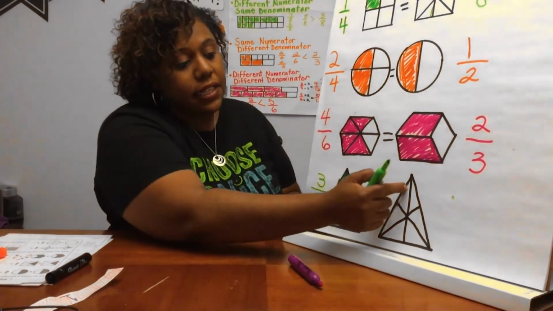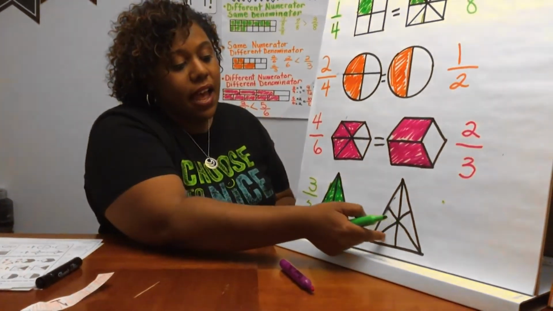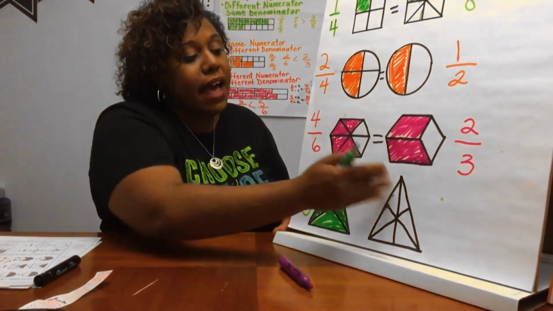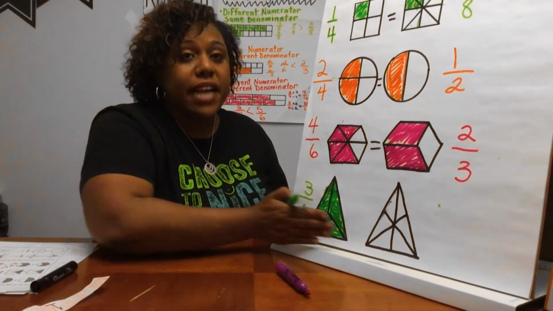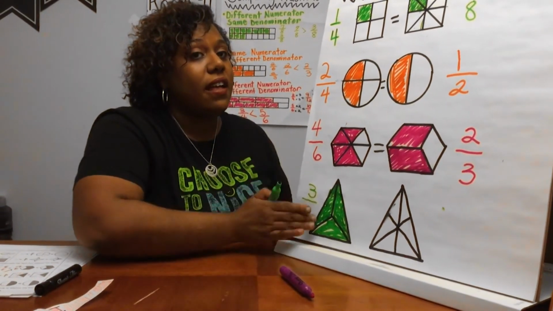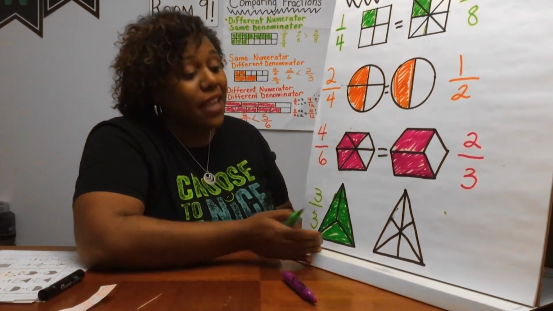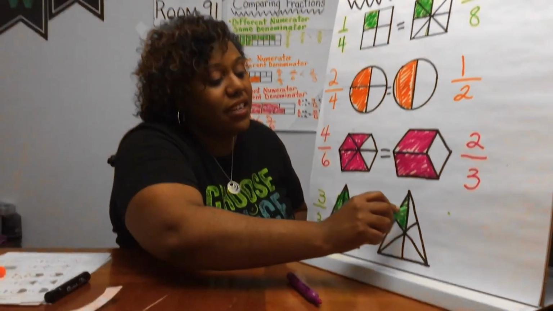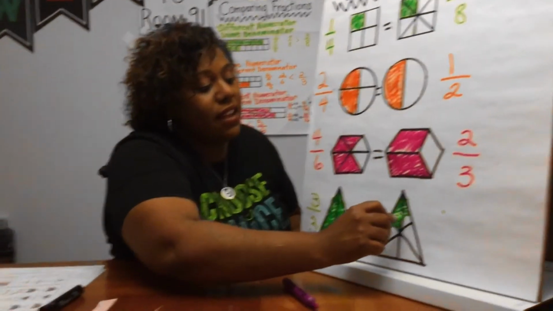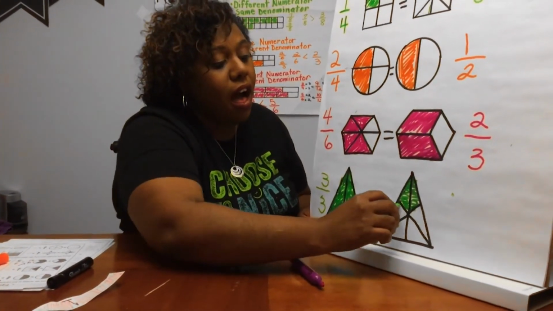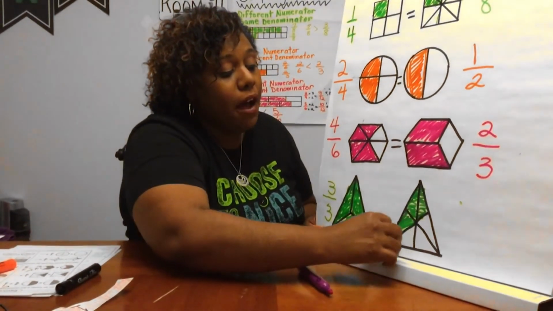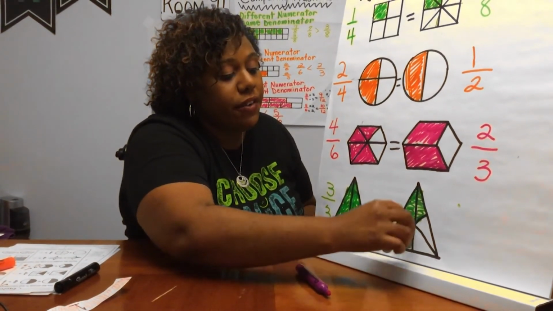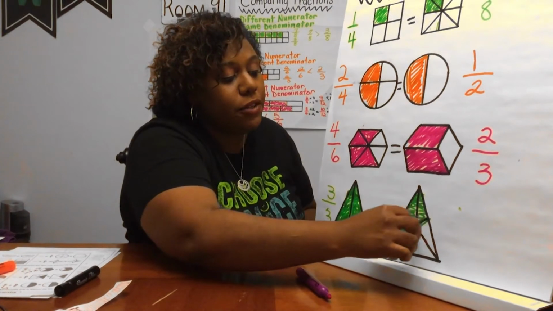Okay, so let's look at this one. I don't have 3 parts, I have 6 parts. Well, how much do I need to shade in to match the amount that I shaded in on the other triangle? Yeah, you're right. I need to shade all of it in, right? So if you shade in all 6 parts, what is your fraction? Well, go back to what you know.